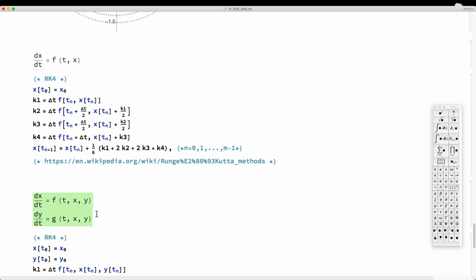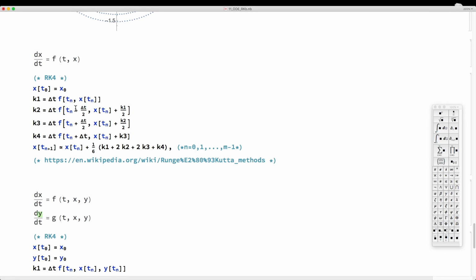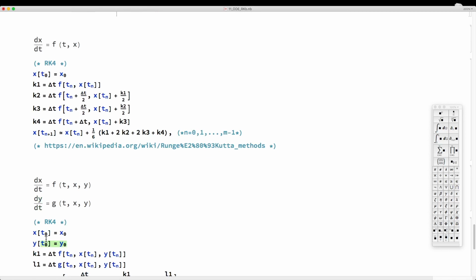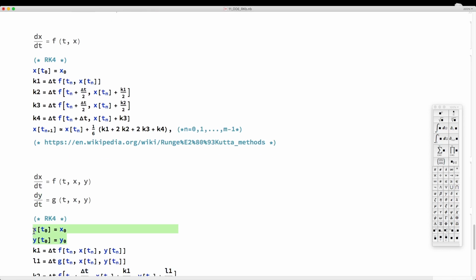Okay, so that's a 2x2 system, 2 equations for 2 unknowns, x of t and y of t, that we have to evolve. And obviously there are 2 initial conditions, one for x and one for y.